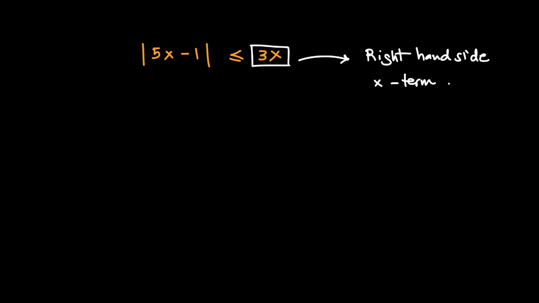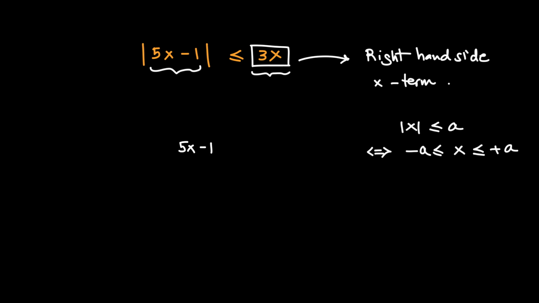But the rule is still the same. x modulus less than or equal to a. After opening up, x lies between negative a and positive a. This is in place of x, this is in place of a. The rule is still the same. 5x minus 1 in brackets lies between negative 3x and positive 3x.